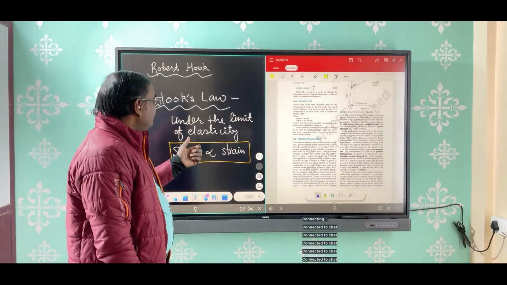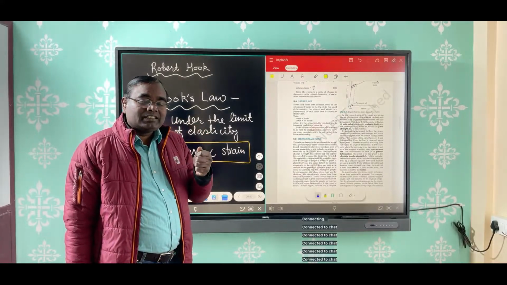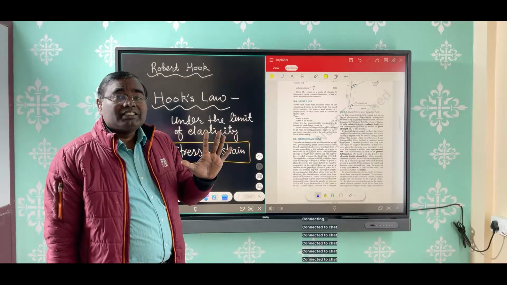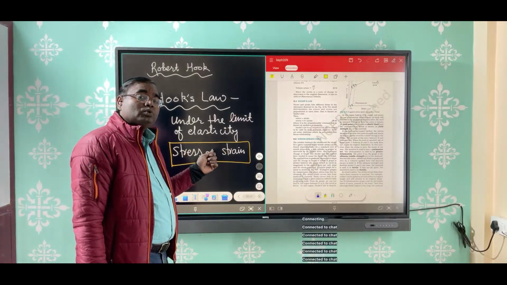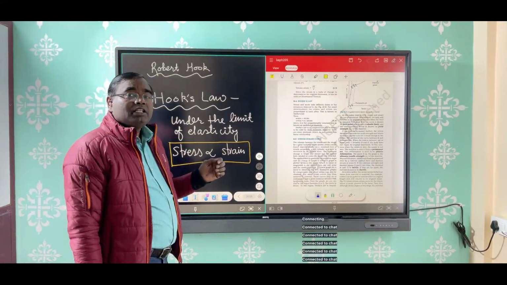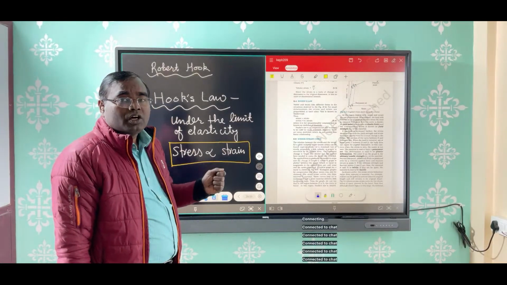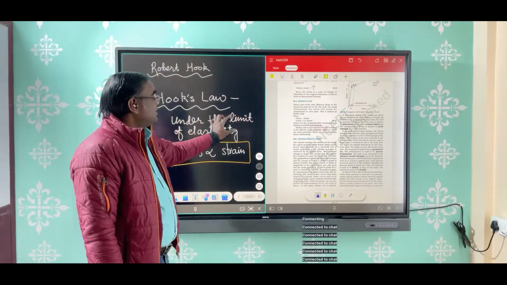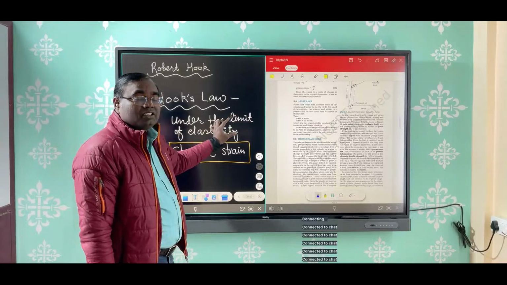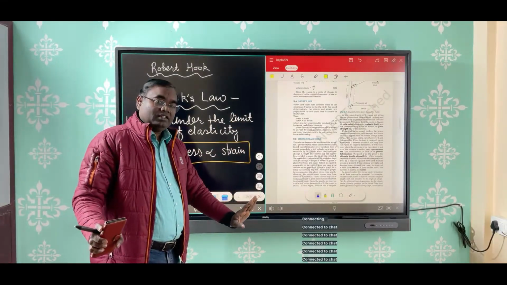That means we are applying the stress within the elastic limit. Then Hooke's law is applied, and the material will obey it. If we violate this limit of elasticity, then Hooke's law will fail.